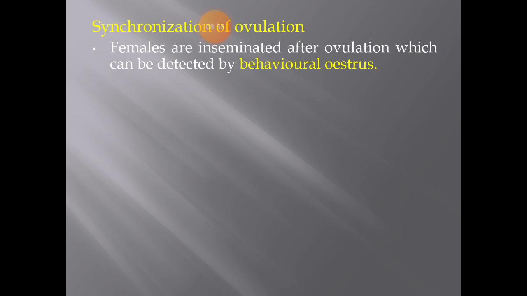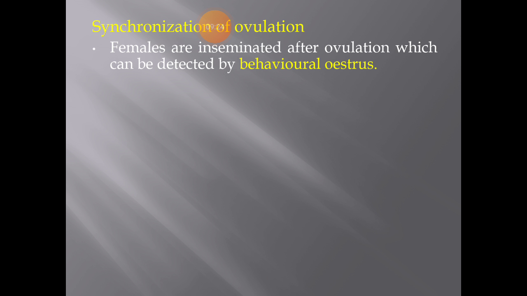By now you must know that all non-primate female mammals practice a reproductive cycle known as the estrus cycle, and this cycle has 4 steps, and only during the estrus phase of the estrus cycle can the females be inseminated, and this lasts only for a few hours in cows.